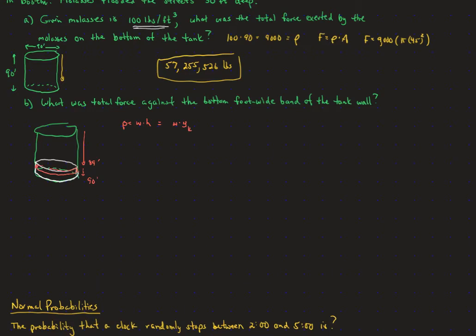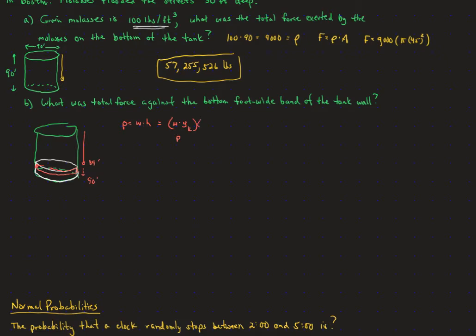So we're going to take this one little slice, which is going to be that y value of that depth going down, and then we're going to take that. So that's going to be that pressure. That much right there is our pressure.